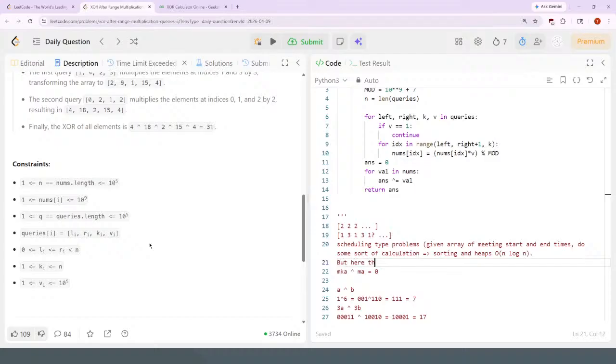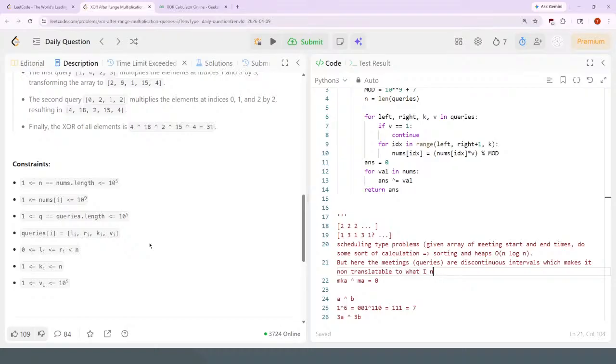But here the meetings, which are the queries, are discontinuous, kind of discontinuous intervals, which makes it really hard, or which makes it not translatable for me to what I know anyways currently.